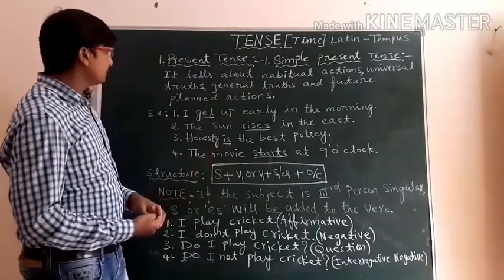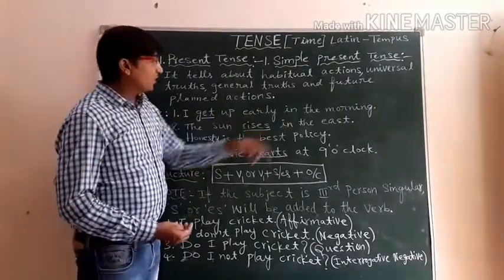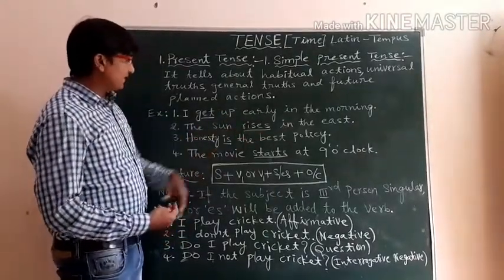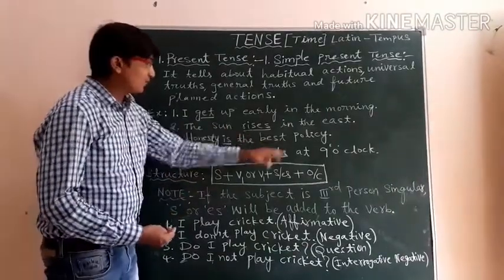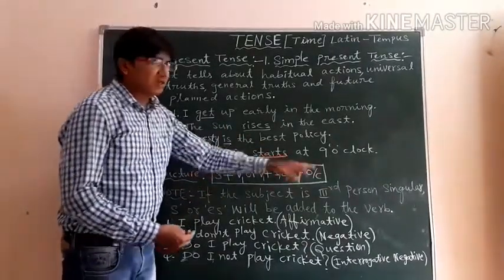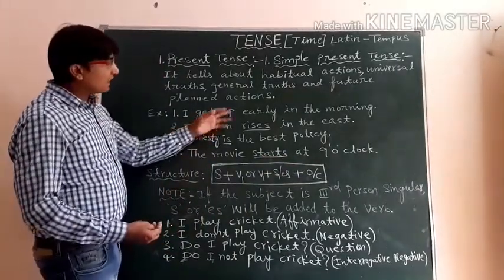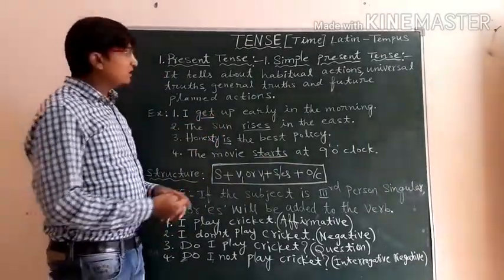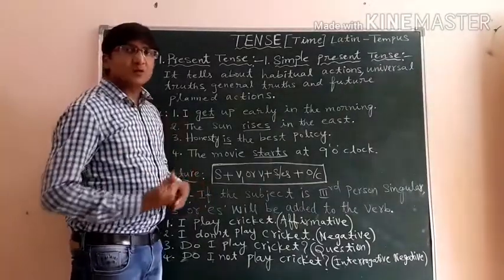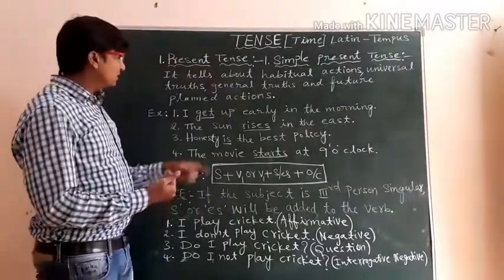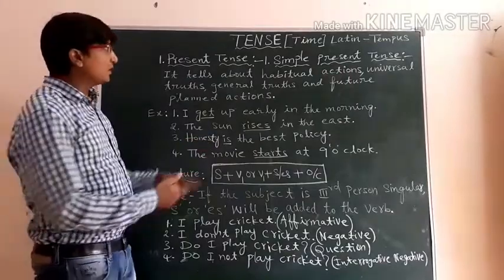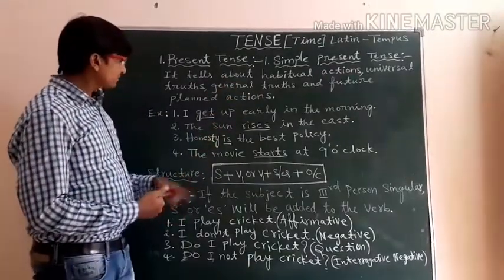Here we have examples. I get up early in the morning. The sun rises in the east. Honesty is the best policy. The movie starts at 9 o'clock. In the first example, I get up early in the morning, it's a habitual action. The sun rises in the east is a universal truth.